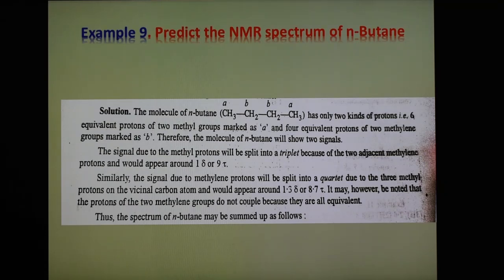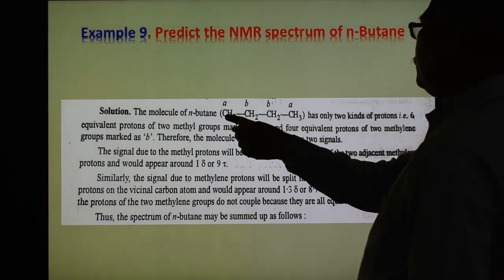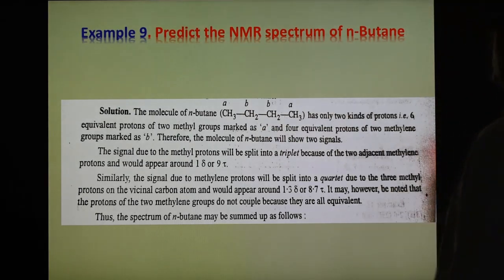Number 9, predict the NMR spectrum of n-butane. This is the structure of n-butane: CH3, CH2, CH2, CH3.